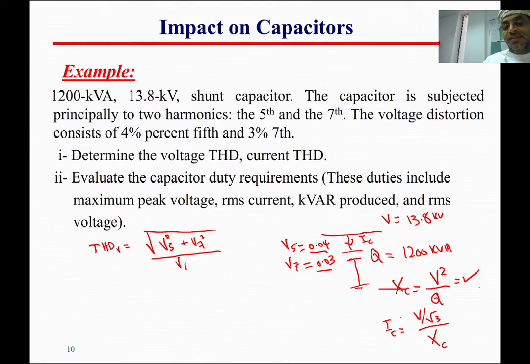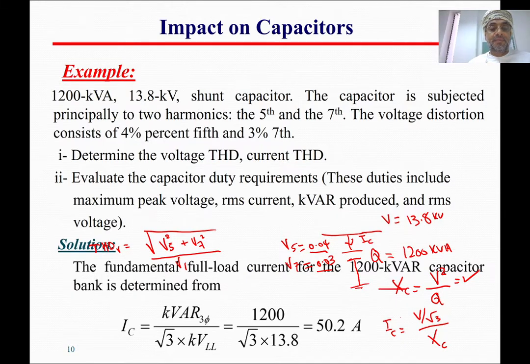So that will give us the fundamental current. Then we can find the 3rd harmonic, and we can find the 7th harmonic. Of course, we need to modify XC such that it will take care of those different frequencies.